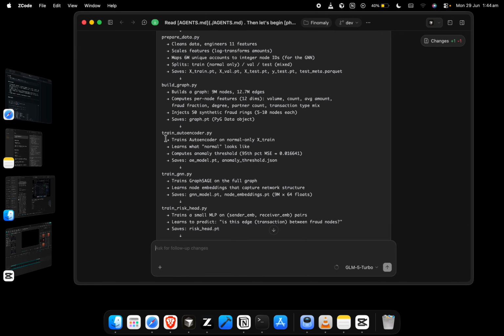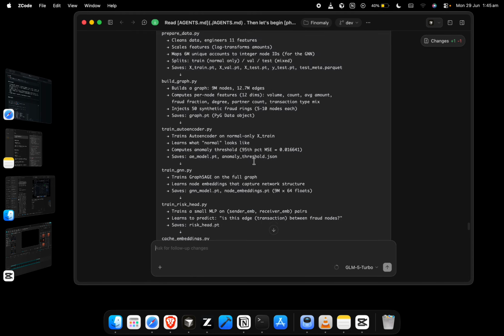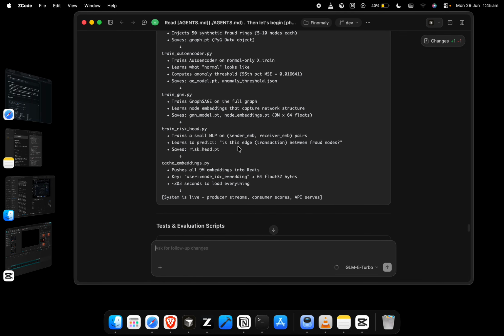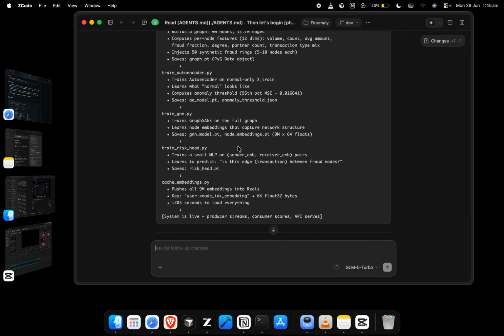The train_autoencoder.py file trains the autoencoder on normal-only xtrain. It learns what normal looks like and computes the anomaly threshold. It saves to ae_model.pt and anomaly_threshold.json. The train_gnn.py file trains GraphSAGE on the full graph.